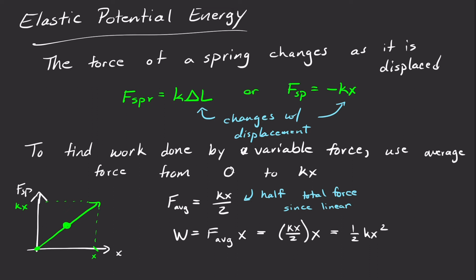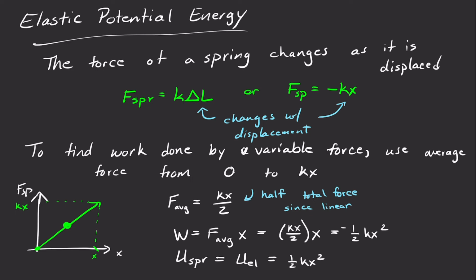So for the potential energy of a spring, it's going to equal the work done. This force is negative, so it should be negative. And so the potential energy of a spring, sometimes called elastic potential energy, so we'll put U sub elastic, is equal to 1/2 kx squared.